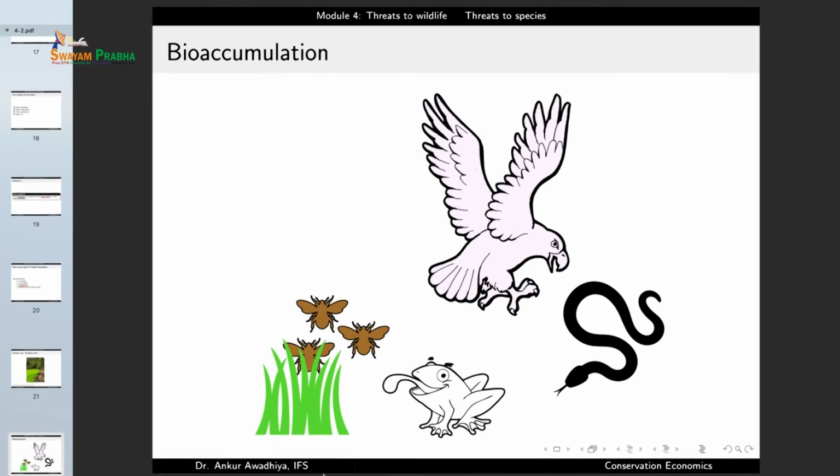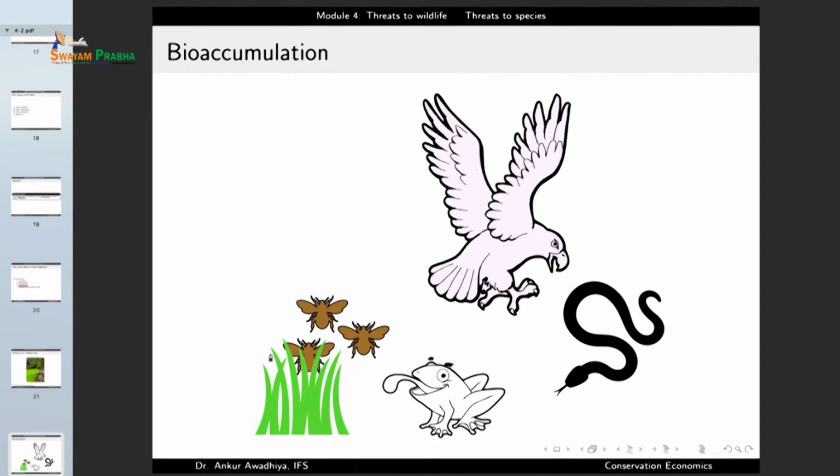The insects that live on or feed on these grasses will also eat up pesticides when they are eating the grasses. And these pesticides will in turn get accumulated or stored in the bodies of these insects, primarily in the fat tissues. A number of pesticides are very easily stored in fat tissues, and in the bodies of these organisms they will get accumulated, and this is known as bioaccumulation.